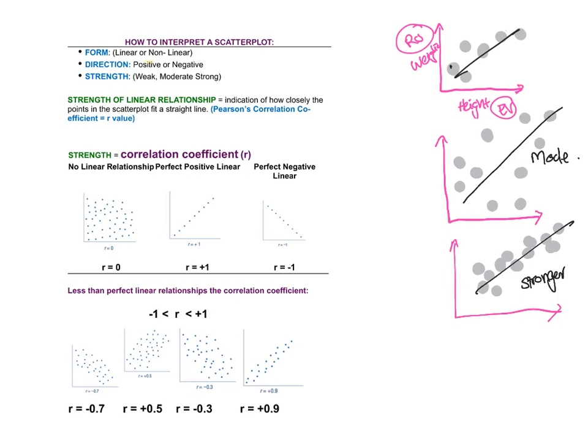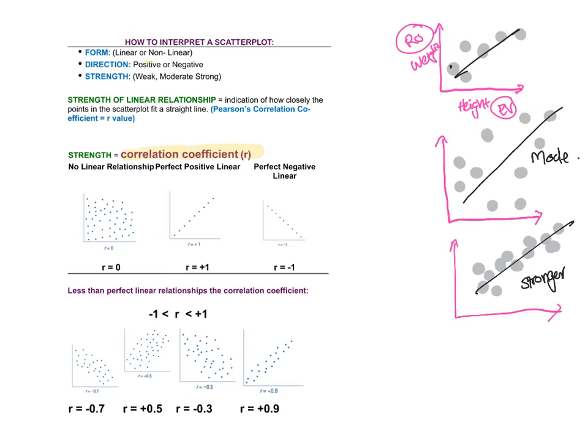So when we want to give an accurate reading of the strength, we say whether it's weak, moderate or strong. Those are the three categories. To know which one it is, we can use the correlation coefficient, which is the R value.